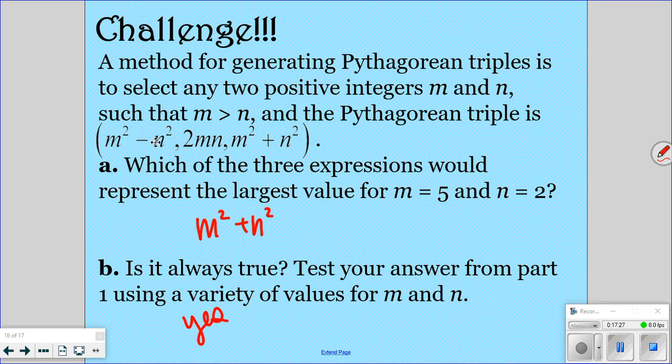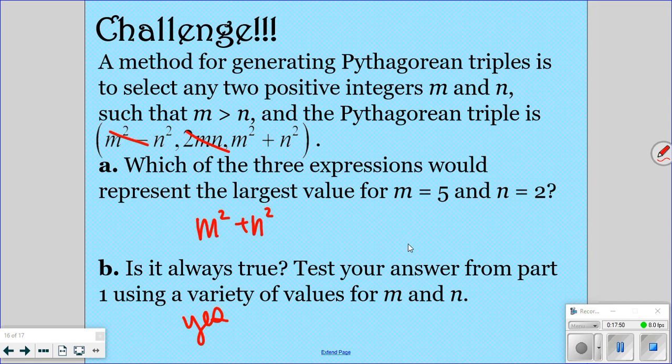This one, you're taking m squared and you're subtracting n squared, so it's never going to be bigger than this one. And then if you are taking m and n and just multiplying them and then multiplying them by 2, m squared plus n squared is always going to be bigger than just multiplying your two numbers by themselves.